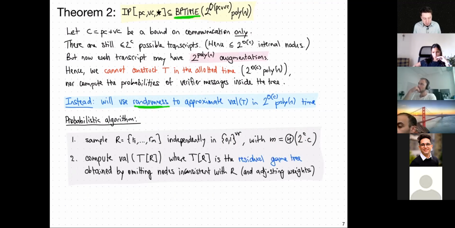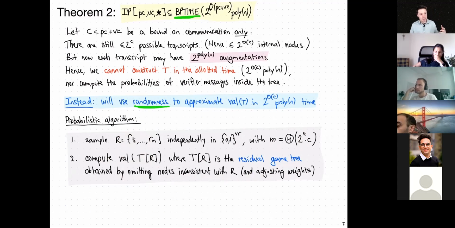And then we'll compute the value of a residual tree induced by this representative choice of verifier randomness. So we're going to compute the value of T of R, where T of R is the residual game tree obtained by omitting nodes inconsistent with R and adjusting the weights.